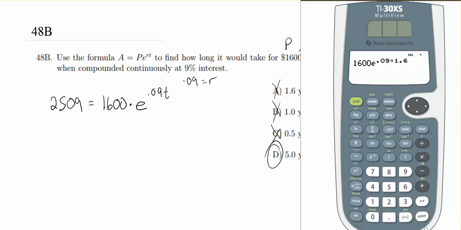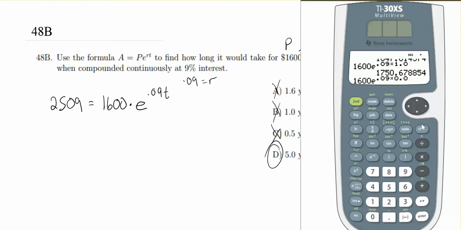That was option A. Does this give me 2509? Nope. So let me copy and paste that down here, and instead of 1.6, let me try 1.0. Oh, that's even less. So 0.5 would probably be dumb to test too, but let's just go ahead and be dumb.